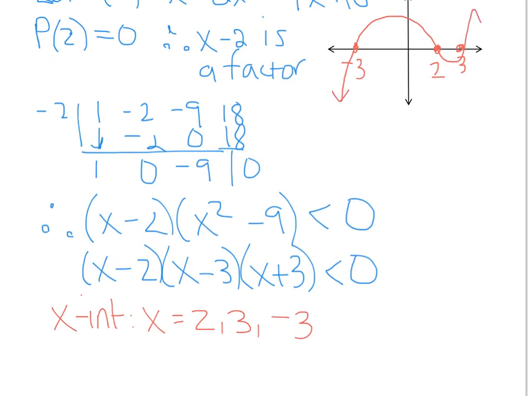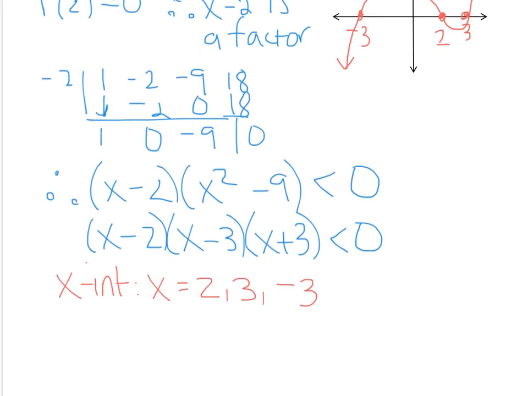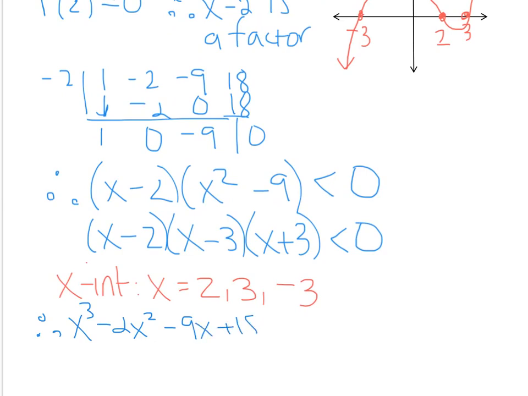Now looking at the graph, we can state our conclusion. Just keep that graph in view there. We know, therefore, that our original polynomial, x cubed minus 2x squared minus 9x plus 18, is less than 0 when, what do we have here? x is less than negative 3, and between 2 and 3, this section right here.